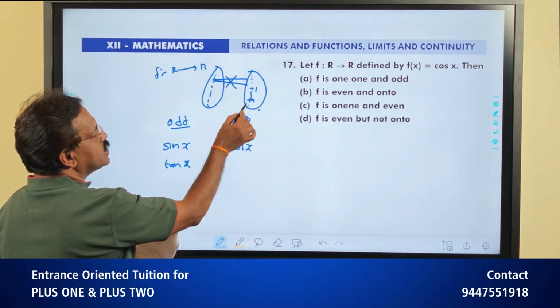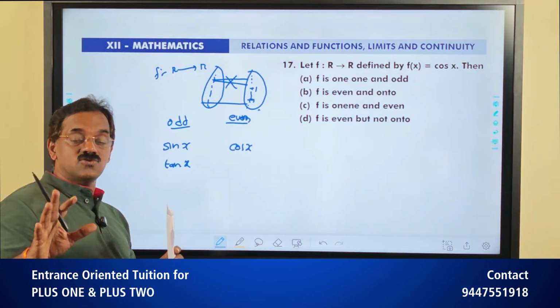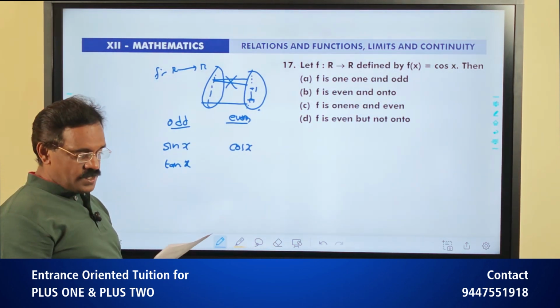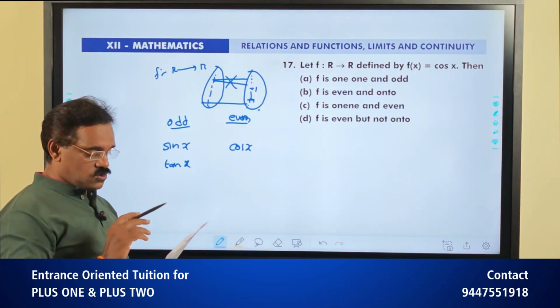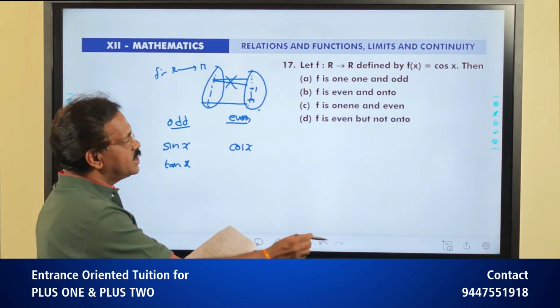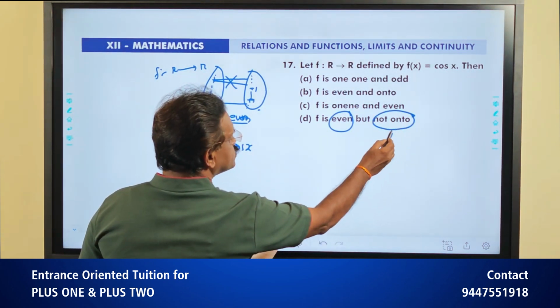There is no pre-image for elements outside -1 and +1. When there is no pre-image, we can say that it is an into function, otherwise called not onto. So we can conclude that for question number 17, it is even and it is not onto, or otherwise into.